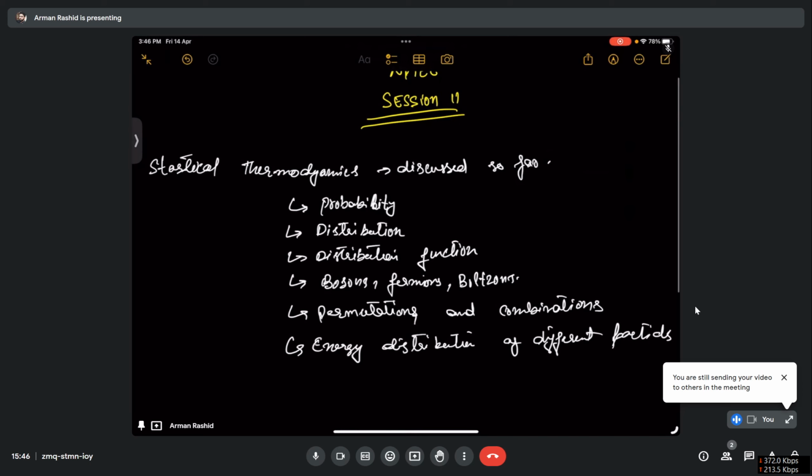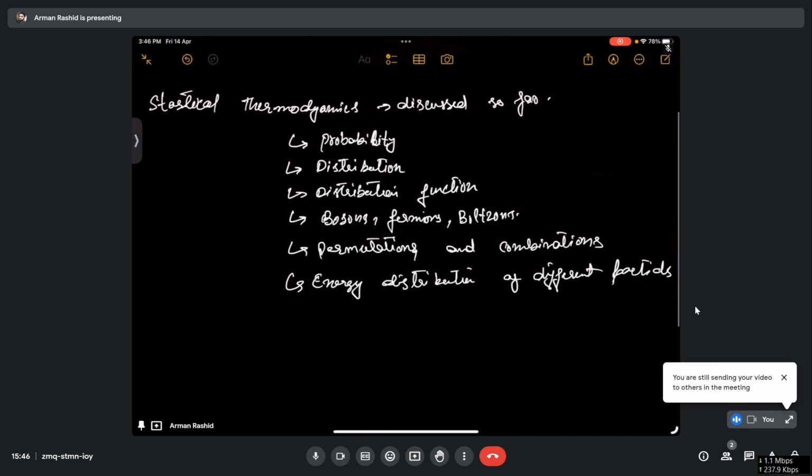And in the last session we also solved some questions. These questions were mostly about the partition function. So today we'll be dealing more with the partition function.